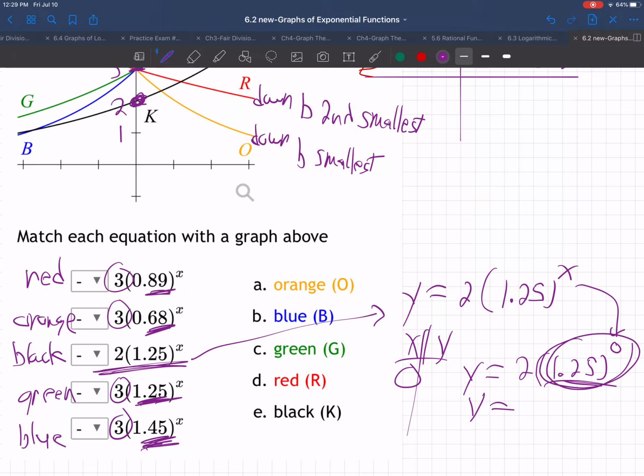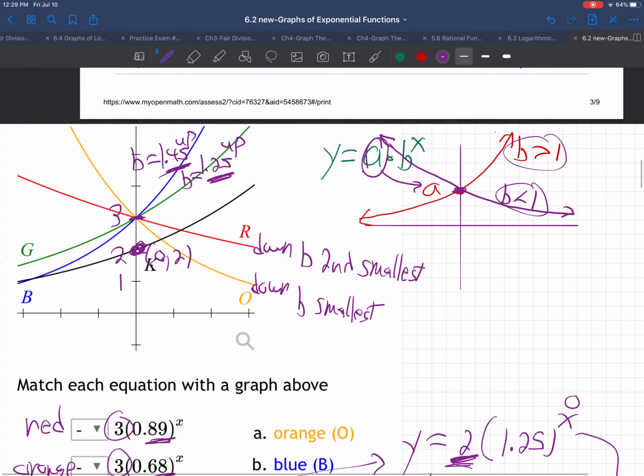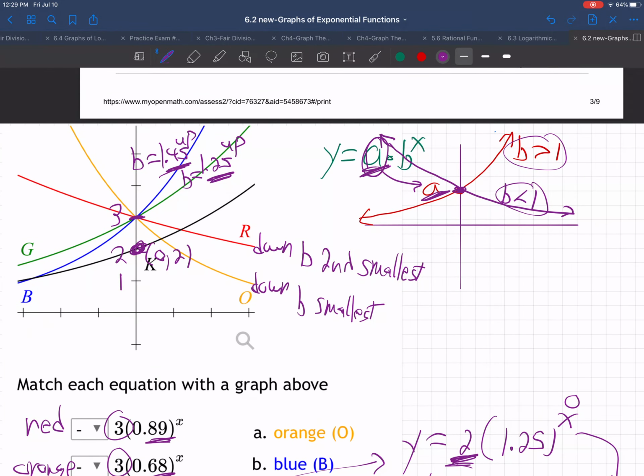It's 1. Anything to the 0 power is 1, and 2 times 1 is 2. So there's the point (0, 2). If you plug in x equals 0, y will just equal the number in the front. That's why the number in the front, a, is what you get when x is 0. This is the point over 0, up a, always on an exponential graph.